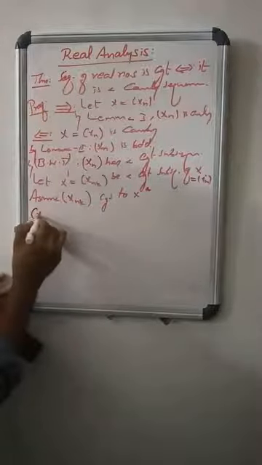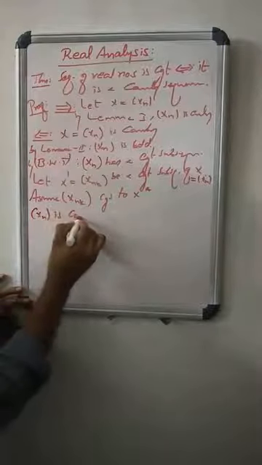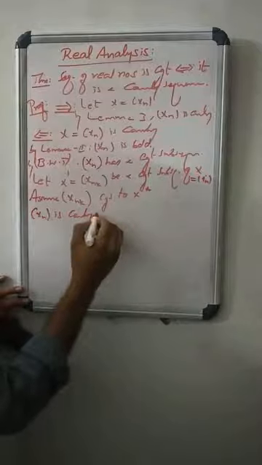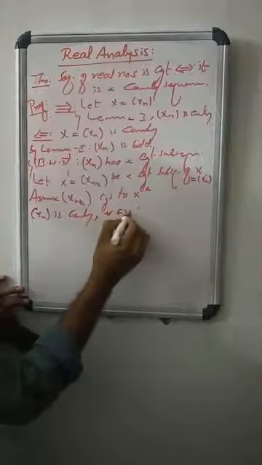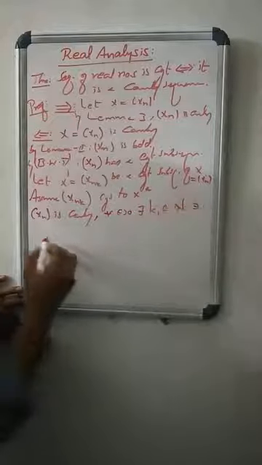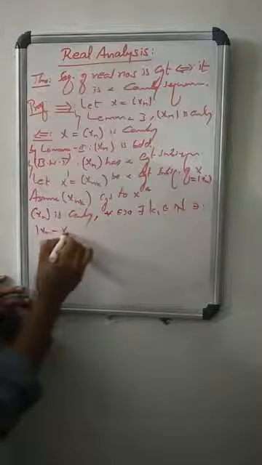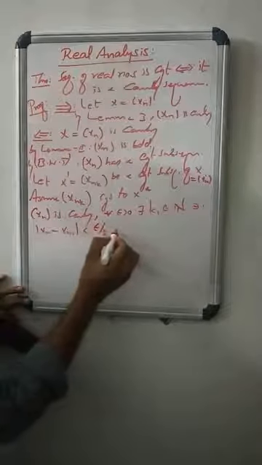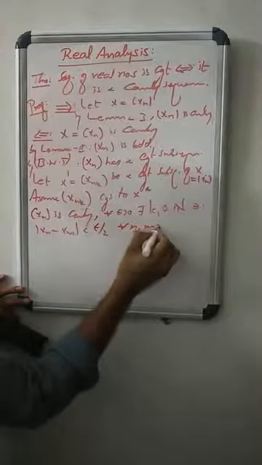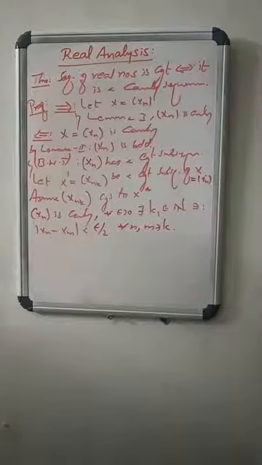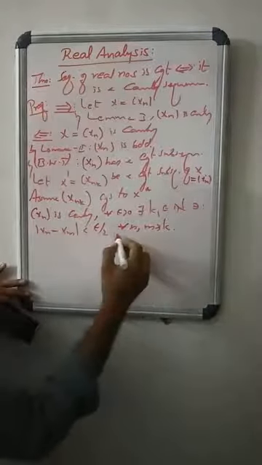But (xn) is Cauchy, that's our assumption. (xn) is Cauchy means for all epsilon positive, there exists some k1 in N such that modulus of xn minus xm is strictly less than epsilon by 2 for all n, m greater than or equal to k1. You can mark this one.